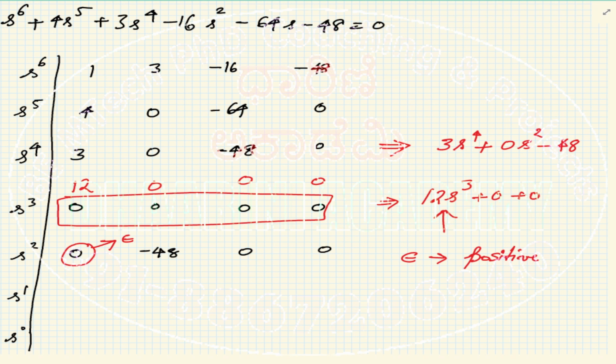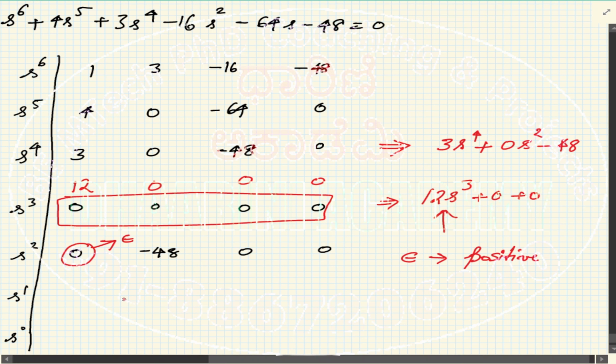Right. So we'll calculate the next value in terms of epsilon. It's positive, I guess. Just check now. Epsilon into 0 is 0. Minus 12 into minus 48. So plus positive.